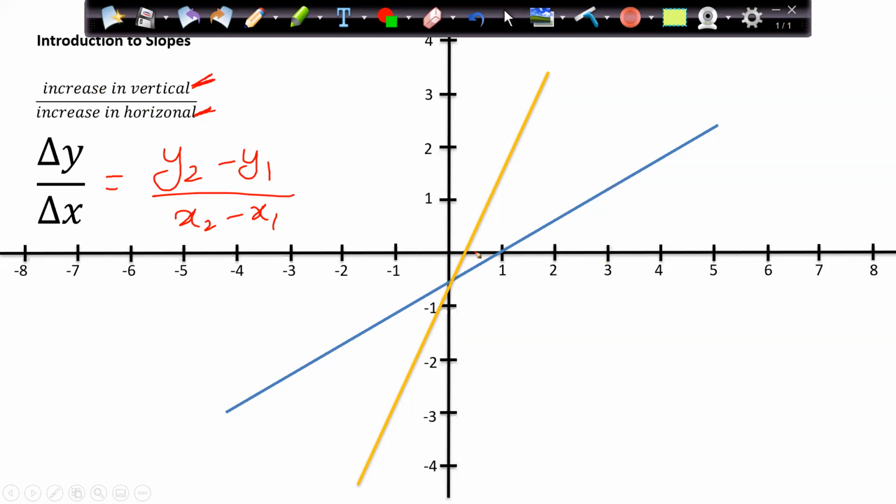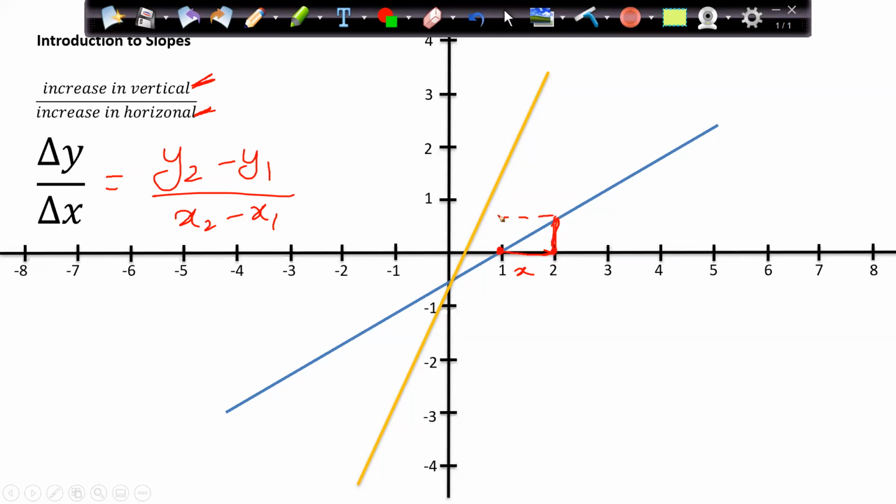If I want to compare these two lines, I'll just do the approximation. So you can see that for the blue line, here the value is 1, here the value is 2, so there is a 1 unit change happening on my x. Then what is the change in y happening?